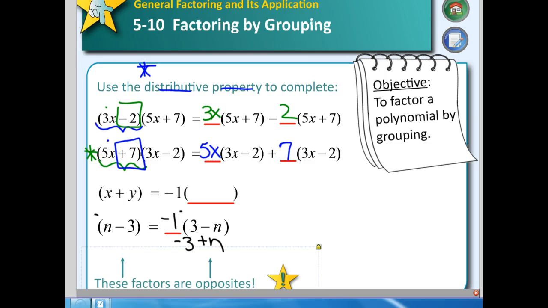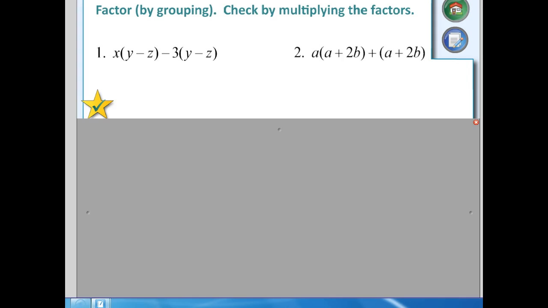All right, and then if I rearrange the furniture, because addition is commutative, that's going to give me n minus 3, and now these are the same. Okay, and I'll show you what I mean as we go through and look at some problems. So we're going to find out that when we're factoring with grouping and we have opposites, we can work through it by realizing I can multiply by negative 1 to change everybody's sign.